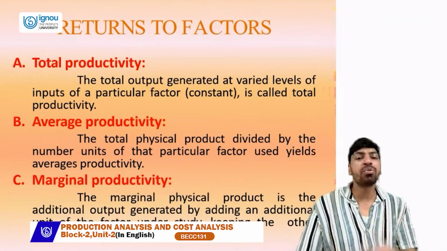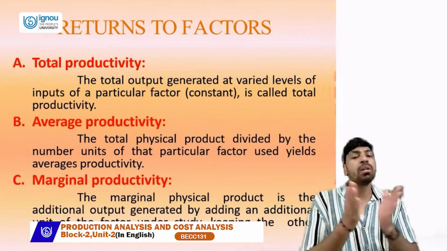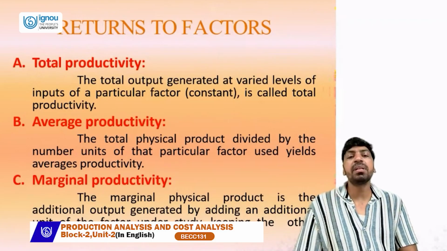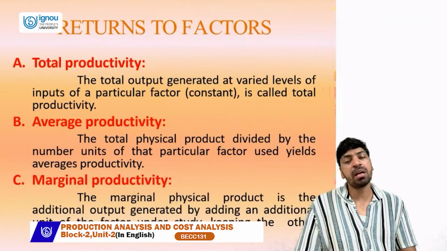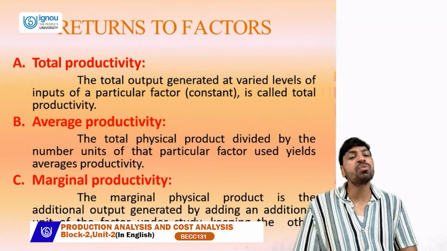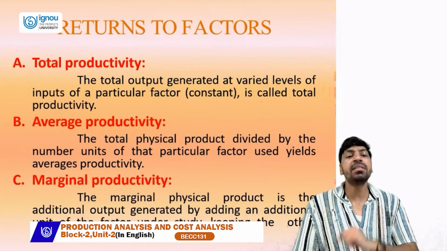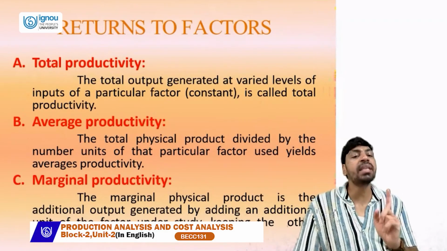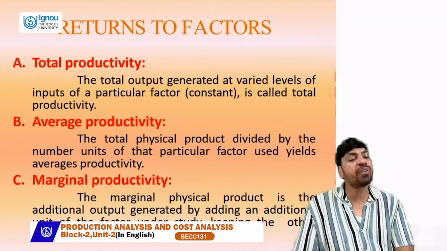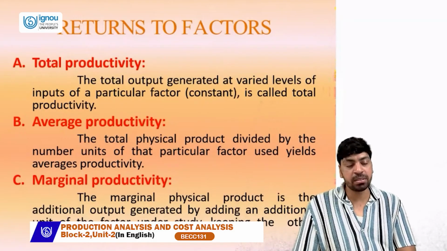Total product is the combination of all the inputs, that is labor and capital, which is always constant. Average product refers to the total product divided by the number of units of that particular factor, which yields not the same level of output but an average level of output, and that's called the average product.